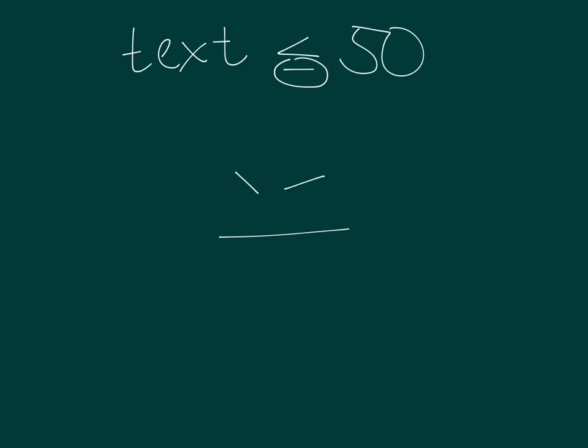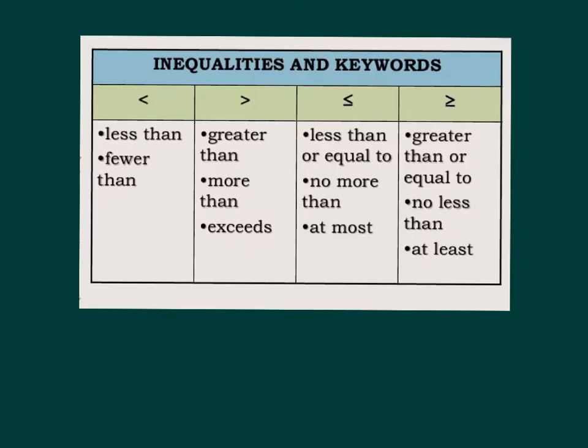Now, let me give you an example of all the inequality words that we will learn. Okay, here are some key words that maybe you want to pause and take notes on. Less than, fewer than, greater than, more than, exceeds, less than or equal to, no more than, at most, greater than or equal to, no less than, at least.